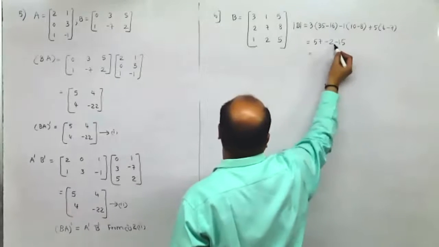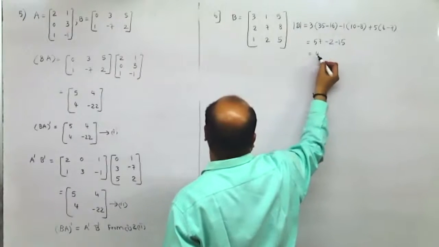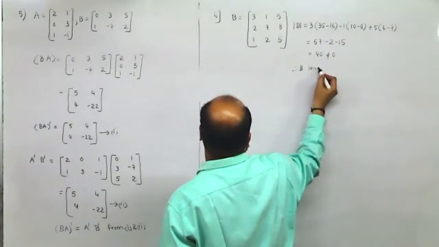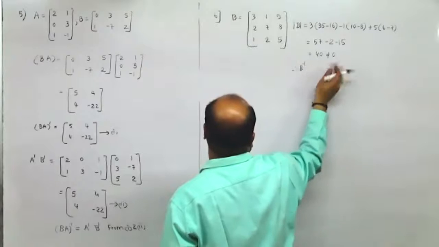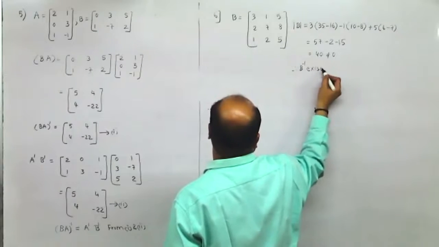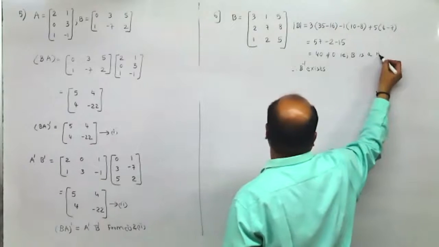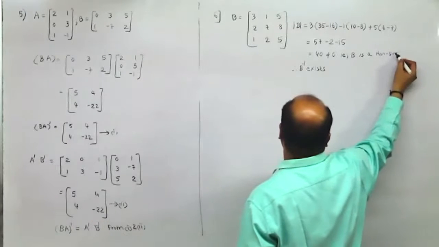So this would be 57 minus 2, 55, minus 15 is 40, not equal to 0. Therefore, B inverse exists. Why? Because B is a non-singular square matrix.